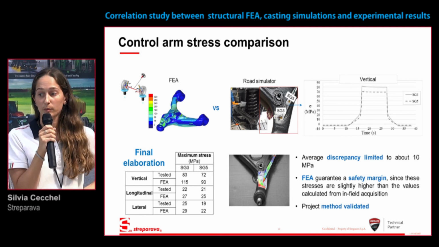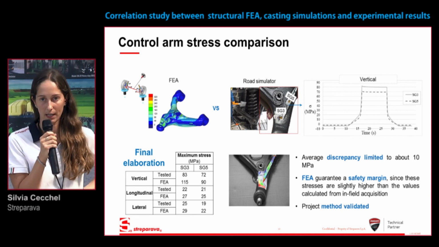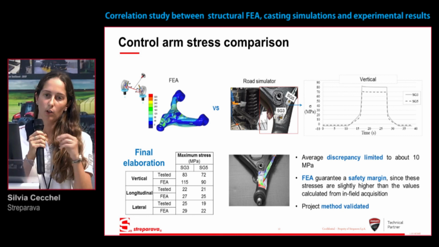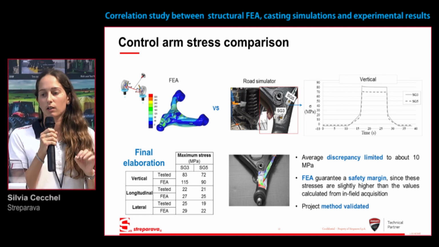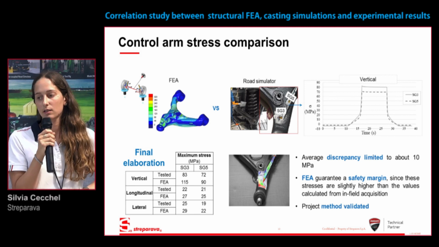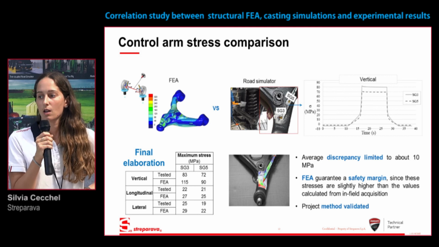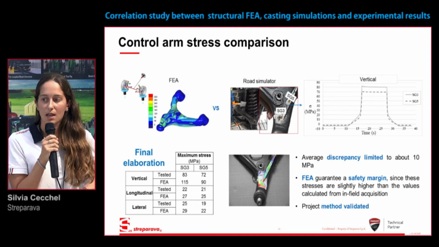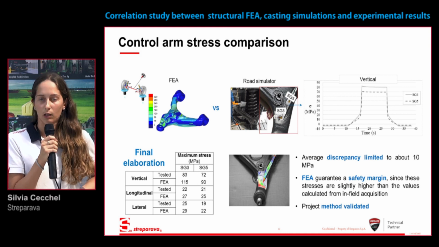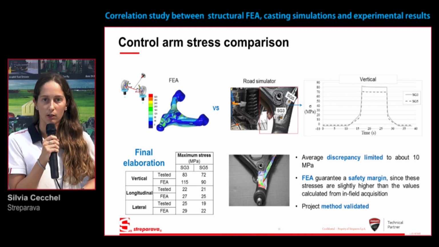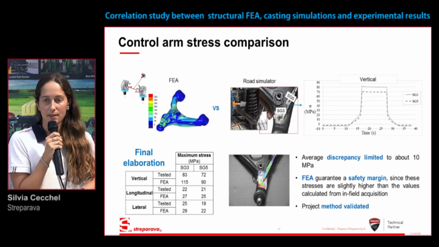In the bottom left side of the slide, we can see the numerical correlation, that is the novelty of this correlation. For all the three load cases analyzed, the average discrepancy is about 10 megapascal. And we can also say that the FEA guarantees a safety margin because the loads predicted by the simulation are always higher than the ones registered by the testing.